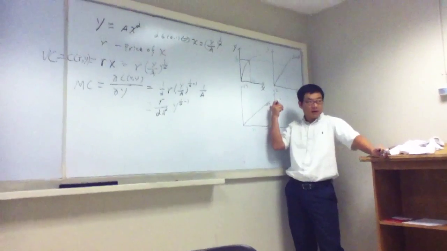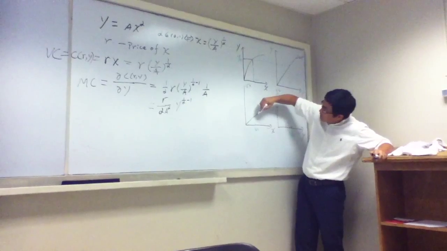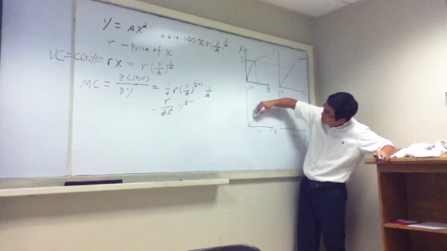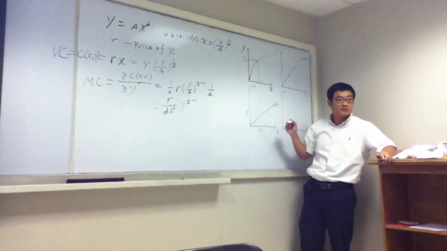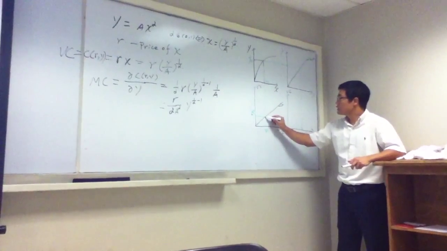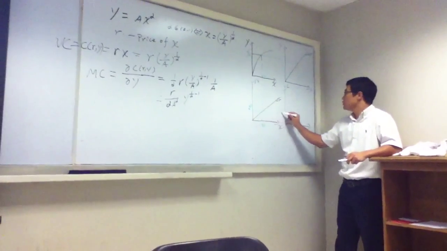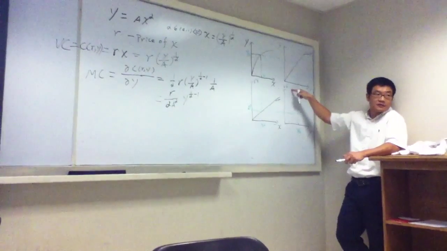What is my variable cost? It's r times x0. Correct? That's my variable cost. Now I'm going to project this here to meet my output target. That's one point on my variable cost curve, right?